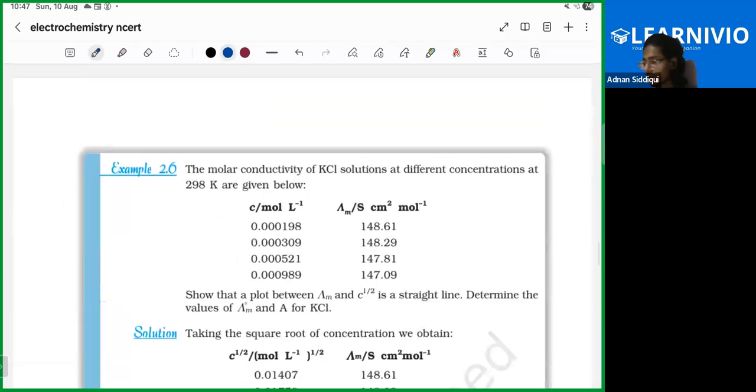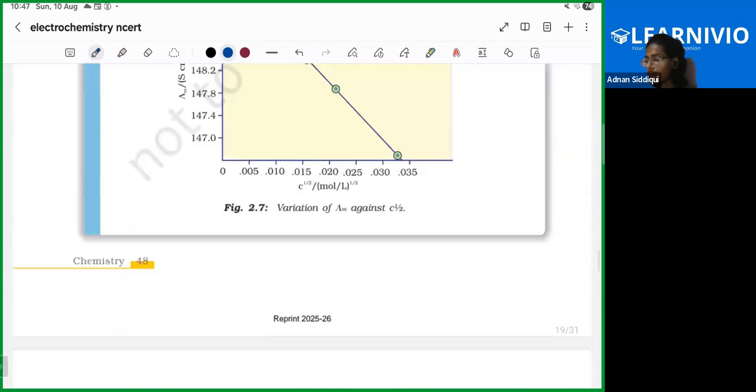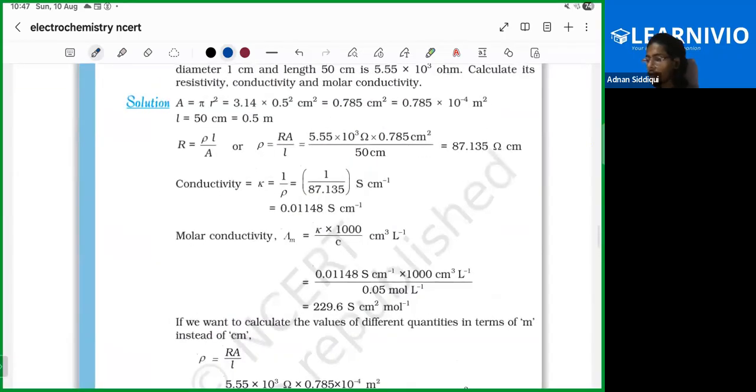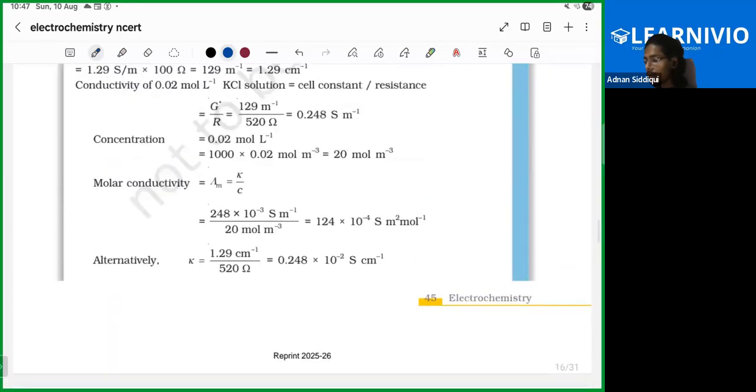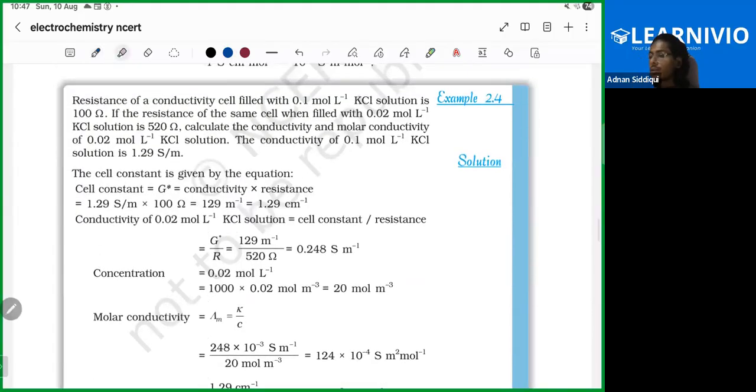What other question do you have? See, there's a question here. So first of all, what is given? The resistance, which is 100 ohm. The conductivity cell filled with 0.1 moles per liter concentration is given.